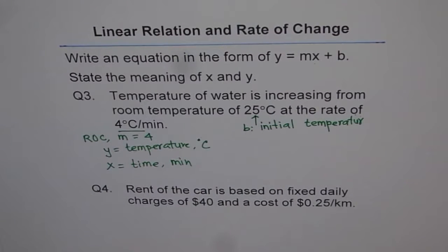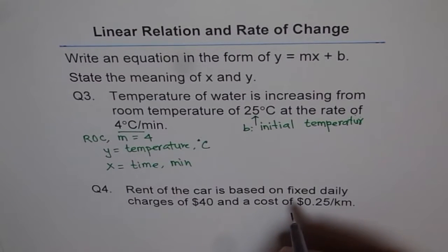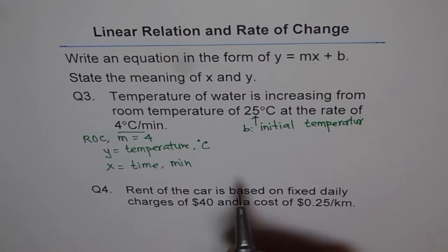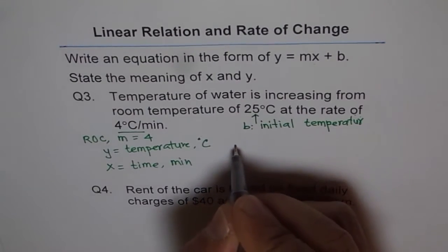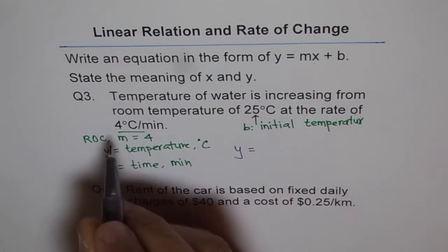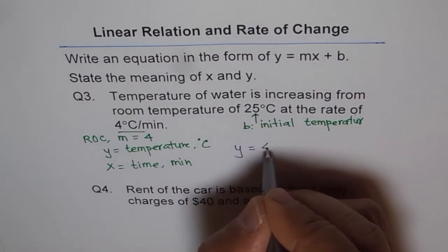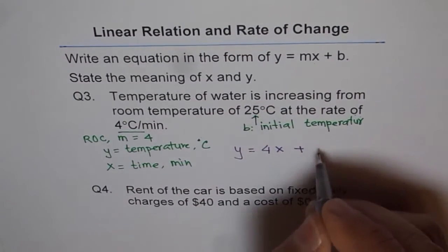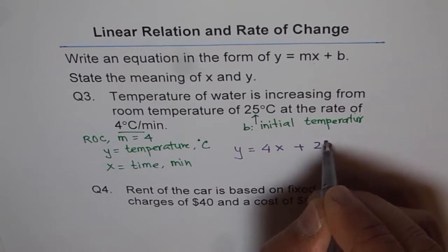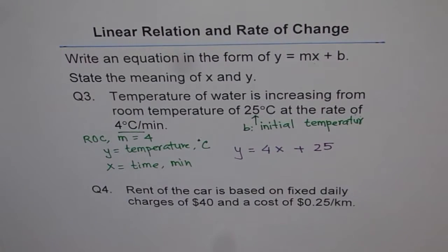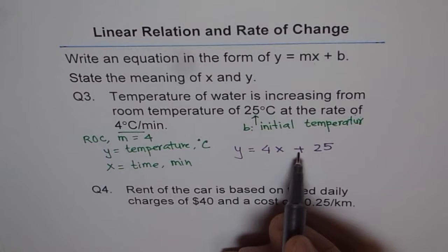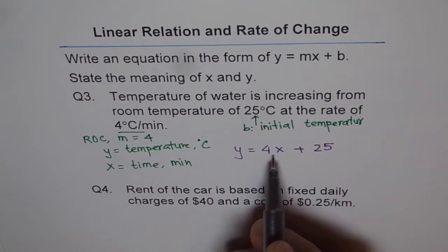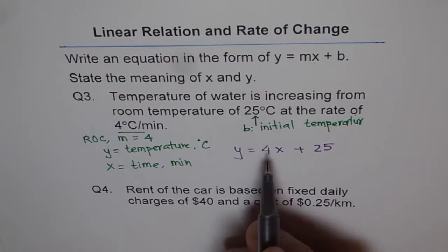Now once we define all our variables, we can write down a linear relation to represent this situation. So we can write y equals rate of change 4 x plus initial amount of 25. I hope you understand, right? y equals 4x plus 25. Every minute temperature is rising by 4 degrees Celsius.